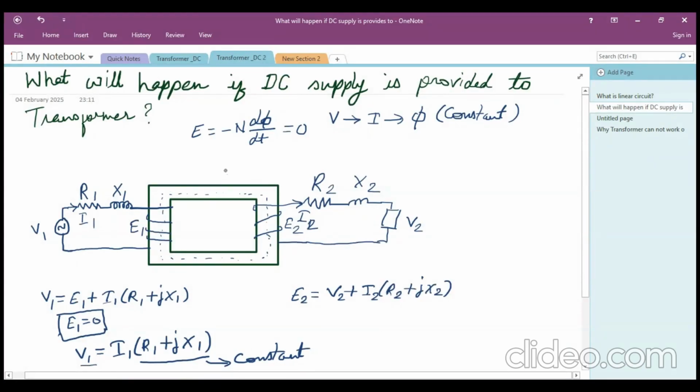This constant flux will not be able to induce EMF in the primary and secondary winding because E is equal to minus N d phi by dt. So here the change of flux is zero, so the EMF induced will also be zero.